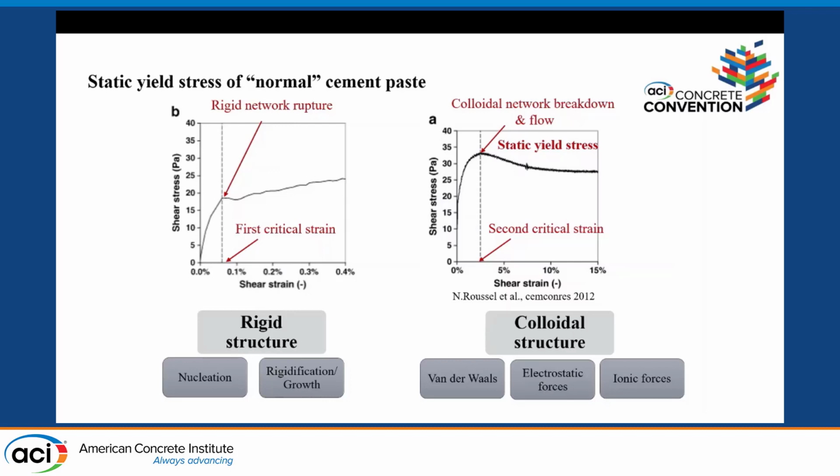Now, the static yield stress has both of these built in, because the rigid structure has to rupture before we can get to the colloidal structure in order to break it down. And I just want to make sure we're all in agreement that what we typically refer to as static yield stress for flow onset is in this graph on the right over here.